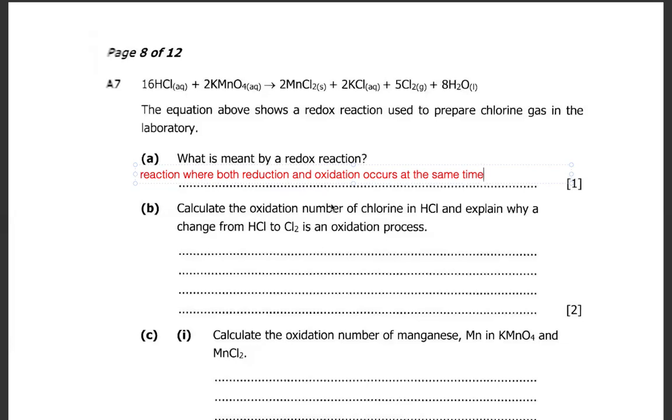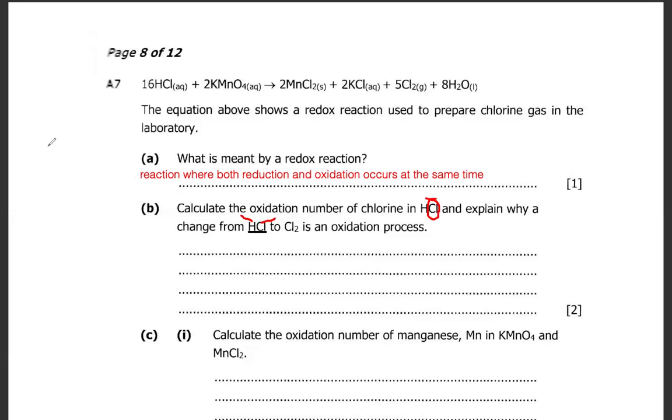Yes, sir. Then B says, calculate the oxidation state of chlorine in hydrochloric acid and explain why a change from HCl to Cl2 is an oxidation. First of all, in this HCl we have hydrogen and chlorine, but the one they've told us to determine is chlorine. There is one atom of hydrogen and one atom of chlorine.